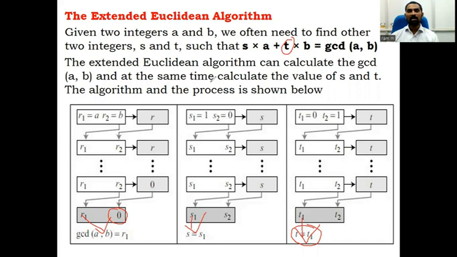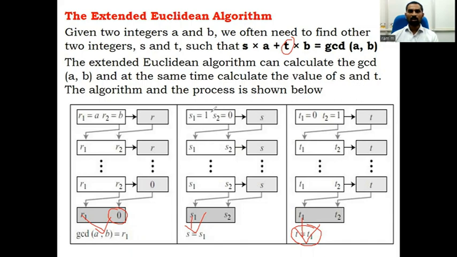We see this with respect to modulo arithmetic operations, where we see additive inverse and multiplicative inverse. The extended Euclidean algorithm is used to find the multiplicative inverse of a given number within the modulo set. So before going to modulo arithmetic, we need to cover this extended Euclidean algorithm.